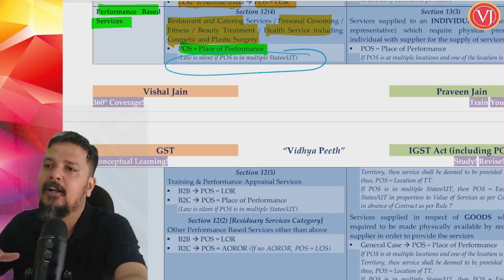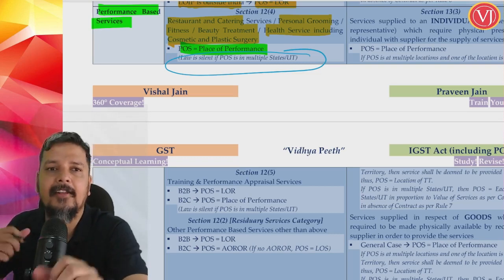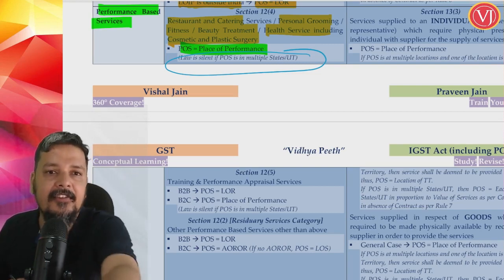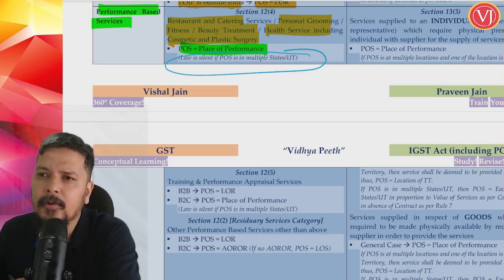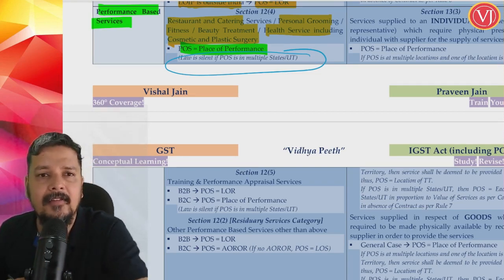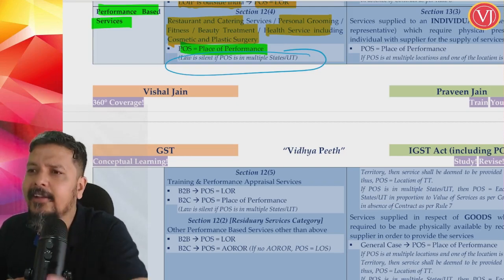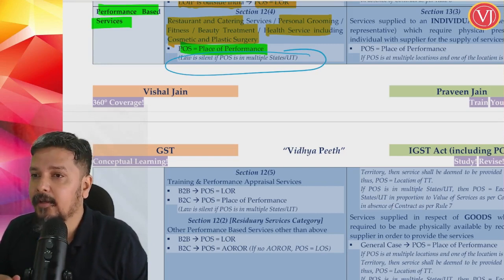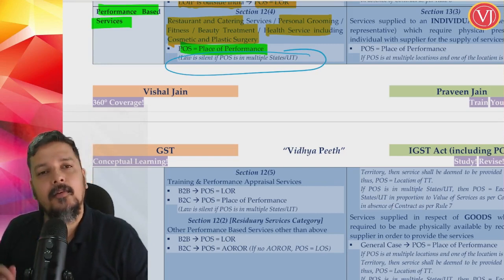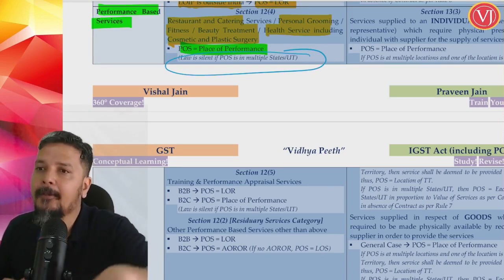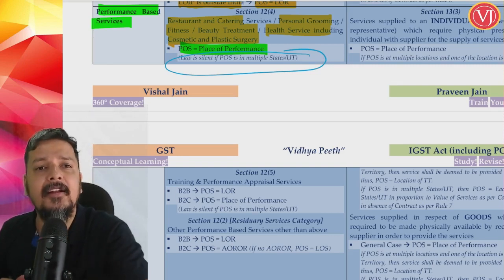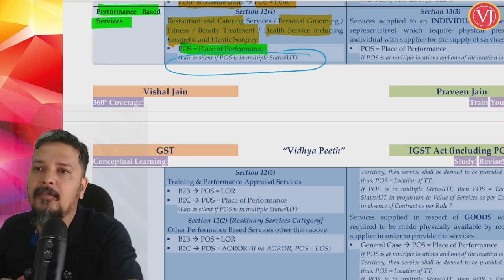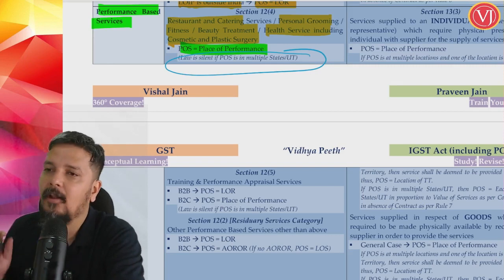I mean, a part of the events of your friend's wedding is there in Tamil Nadu and the main functions are there in Maharashtra. Don't you think that performance happened in Tamil Nadu as well as Maharashtra? Clearly. But law is silent about it. So, it is a possibility because part performance of that grooming happened in Tamil Nadu and part performance happened in Maharashtra. Law is silent about it.